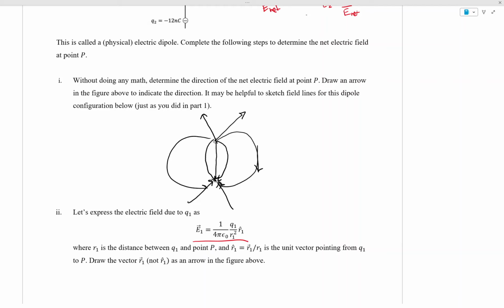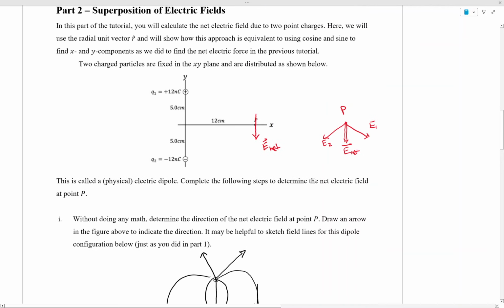So in order to use the unit vector, we have to rely on the definition of what the unit vector is. The first thing that we're going to do is explicitly draw the vectors r1 and r2 on our diagram. What does that look like? Well, what is r1? r1 is the vector that points from Q1 to P. So r1 looks like this.